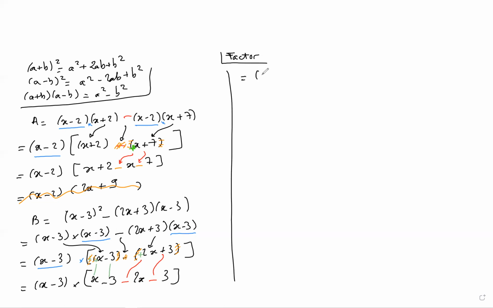So I get x minus 3 times, how many x do I have? I'm earning 1 and losing 2, I'm losing 1. And how many constants? I'm losing 3 and losing 3 again, so I'm losing 6. This is finished. It's my expression.